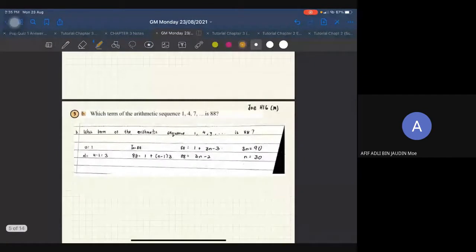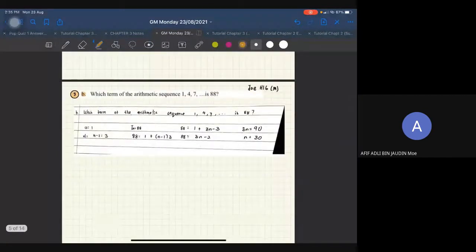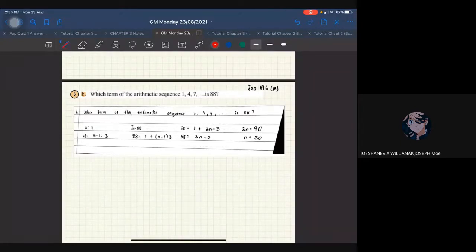Okay. 3B, Jo. Ya, teruskan. Okay, jadi saya akan terangkan soalan B. Okay, di sini cakap which term of the arithmetic sequence 1, 4, 7, dot dot dot is 88.